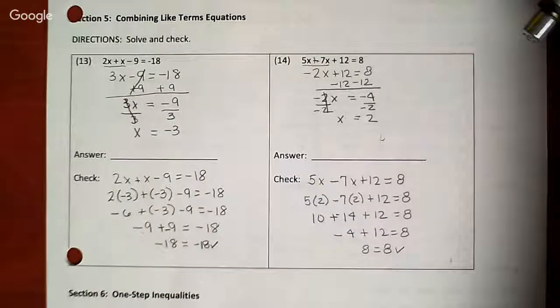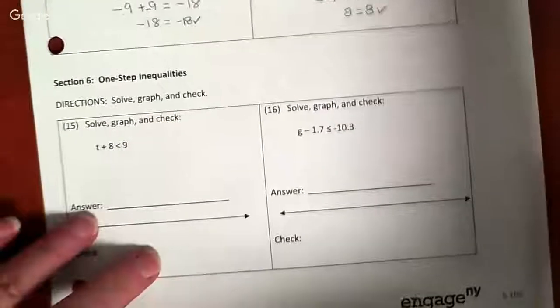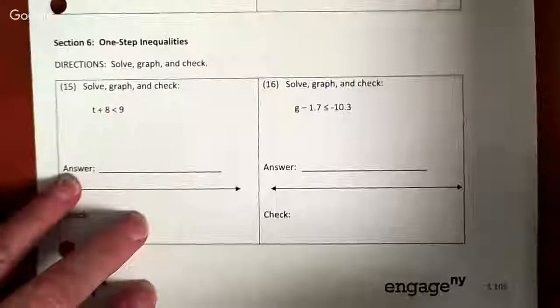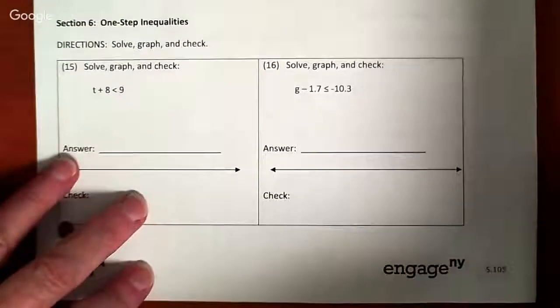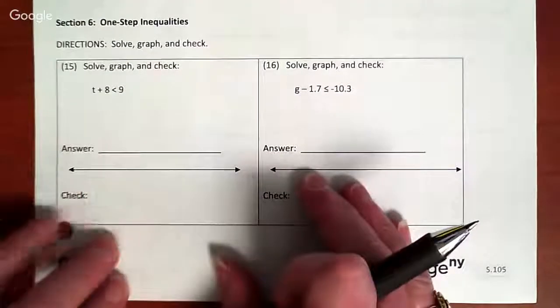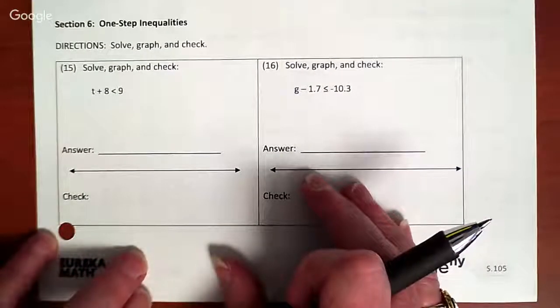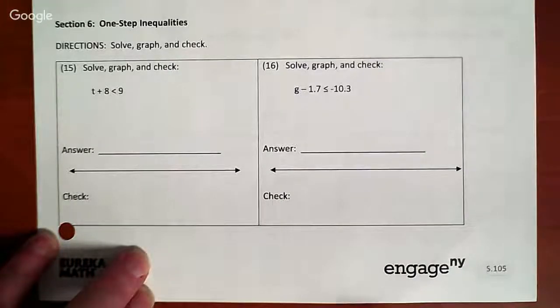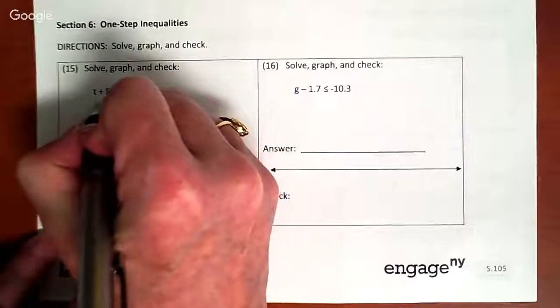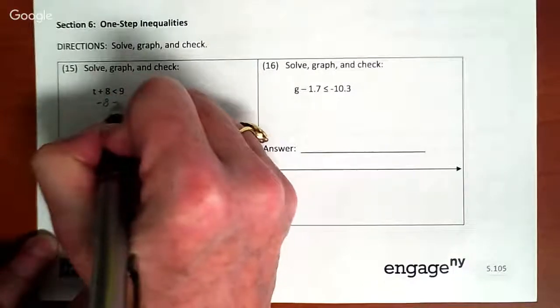Now we come up to the inequalities. So we have our one-step inequalities. Here we need to also graph them. So we're going to subtract 8 from both sides.